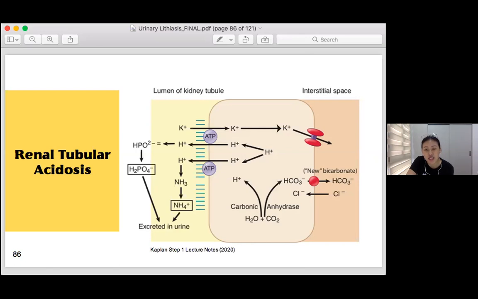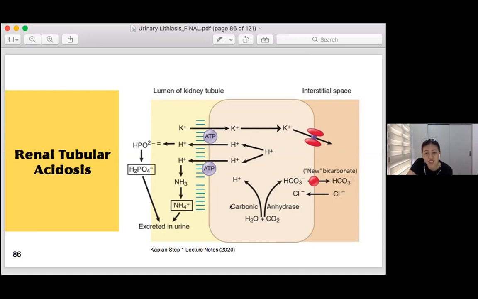The remaining 5 to 10% of filtered bicarbonate is reabsorbed here. Hydrogen binds with urinary buffers, such as titratable acid like phosphate and ammonia, and allows a net elimination of hydrogen in the form of ammonium. This hydrogen excretion occurs through the active secretion of the alpha intercalated cells through a hydrogen ATPase and a hydrogen potassium ATPase exchanger.